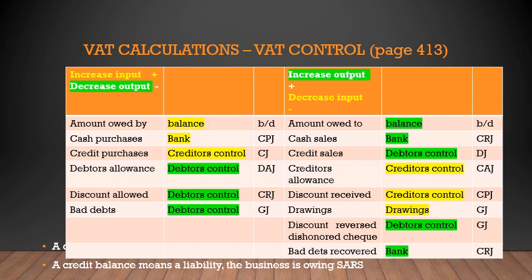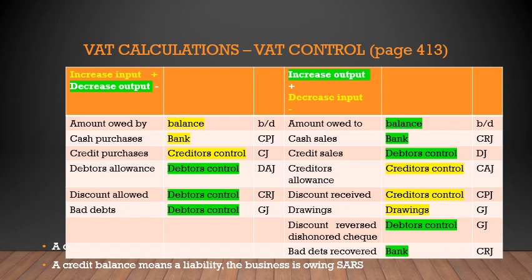On the debit side, we record any transaction which increases input and decreases output. I have used different colors. The ones in yellow are increasing input. The green ones are decreasing output, but they are both on the debit.